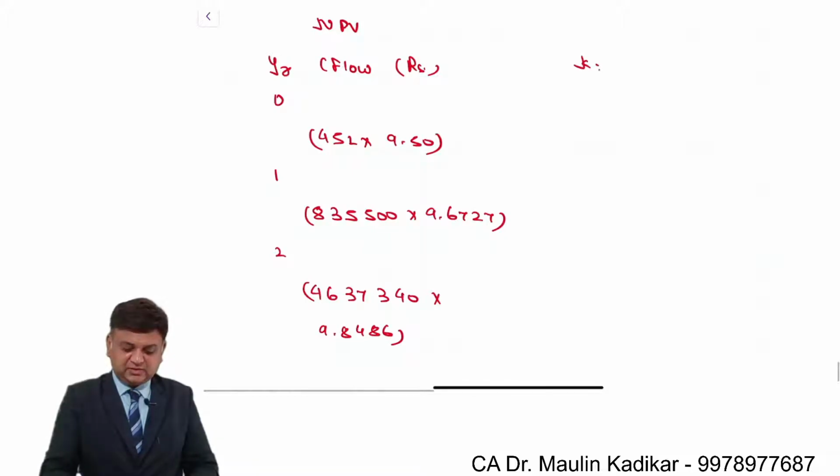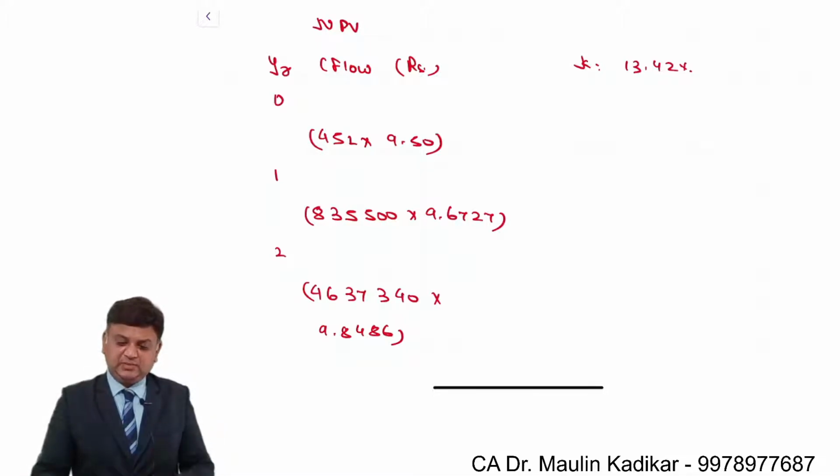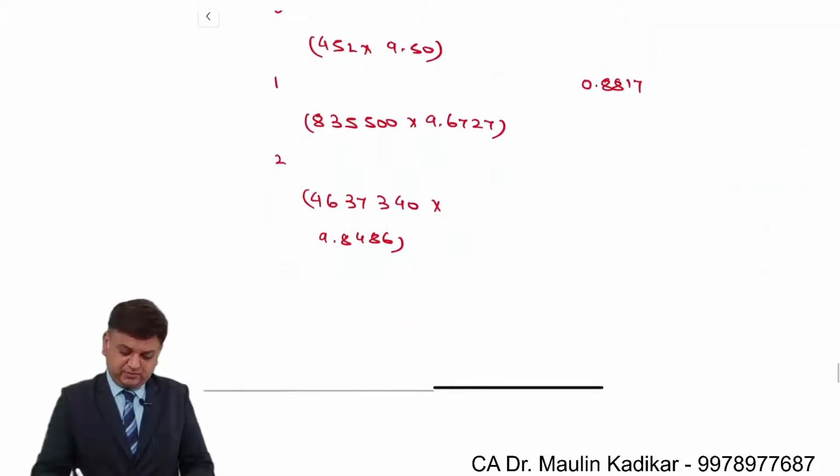Now this will be discounted at 13.42%. First year factor is 0.8817. Second year it is 0.7774.